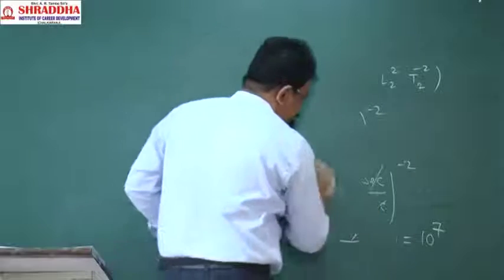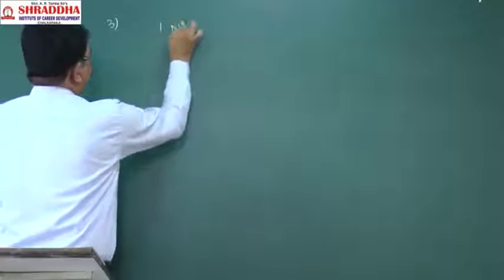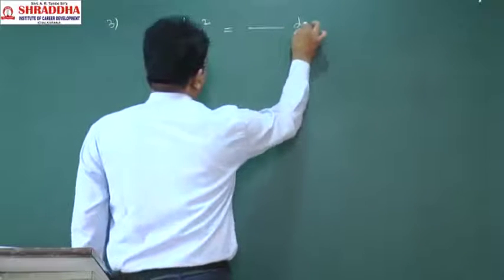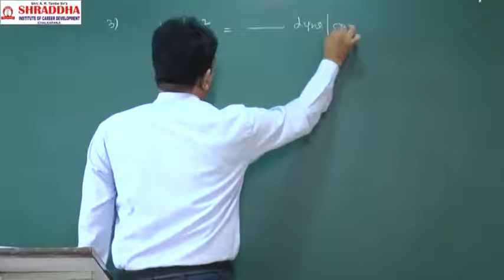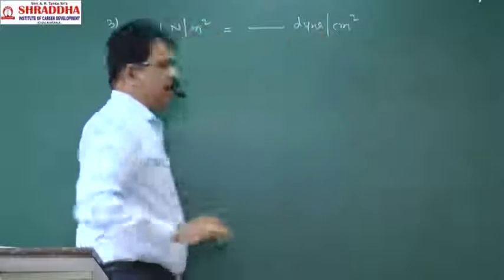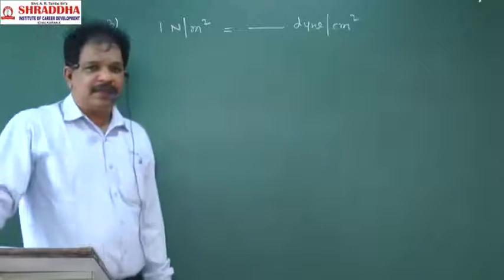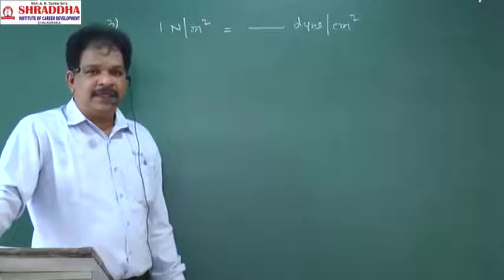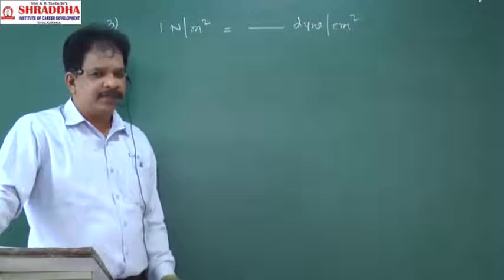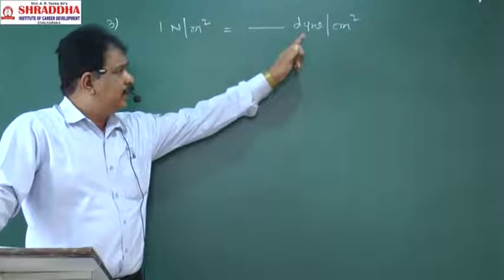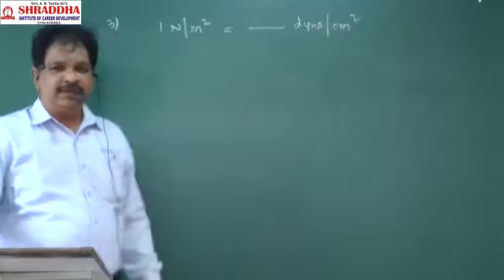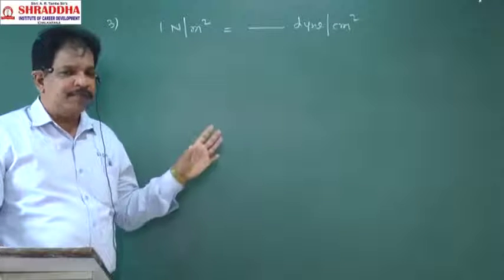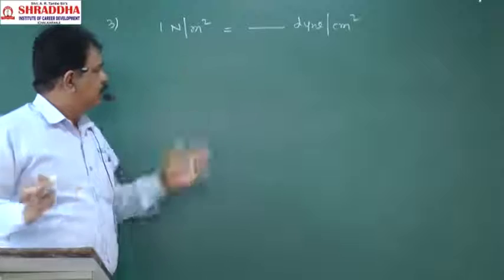Procedure will be same only, remember. 1 Newton per meter square is equal to how many dyne per centimeter square? Newton per meter square is the SI unit of pressure. Dyne per centimeter square is the CGS unit of pressure. So here we have to remember the pressure dimensional formula.